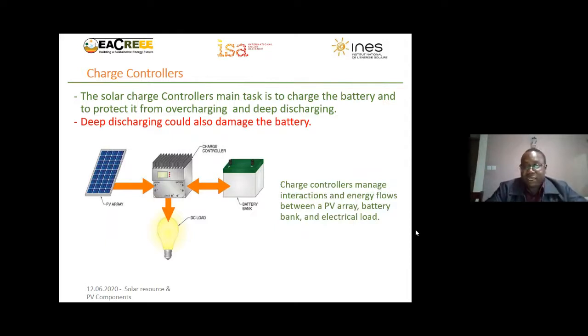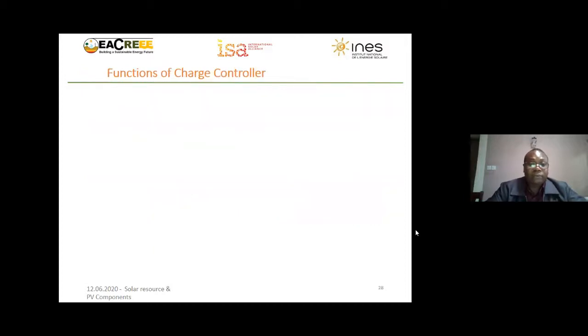So as I mentioned, it manages the interaction between the energy flow for the solar PV array, a battery bank, and also electrical loads, an inverter being one of the electrical loads on a solar PV system. This gadget is important to protect the battery, especially from overcharge and over discharging.